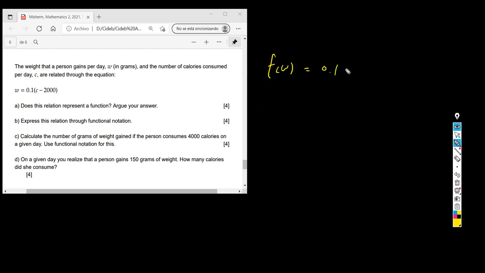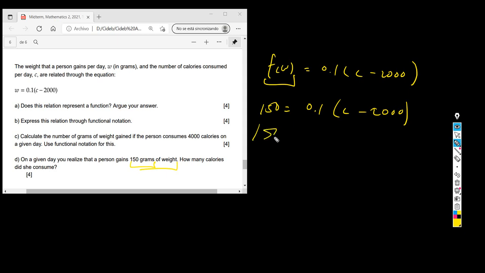So this is the reverse problem, in which you know the output. You know the amount of weight gained, which is 150, and you want to know how many calories this person consumed. So basically, we want to solve this equation: 150 equals 0.1 times this.